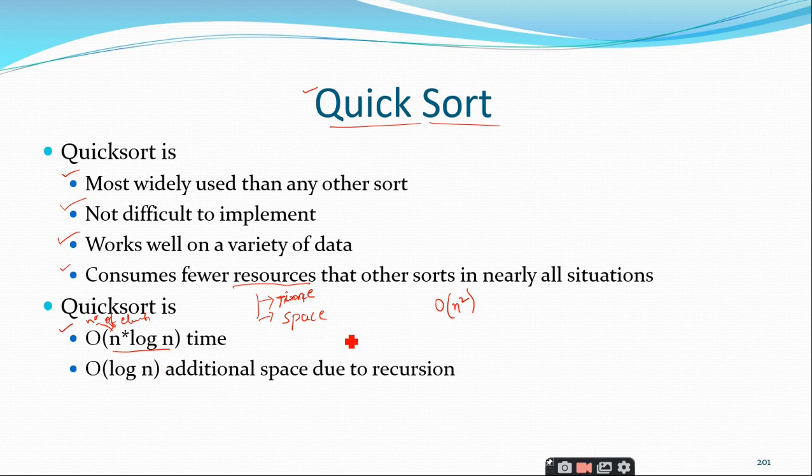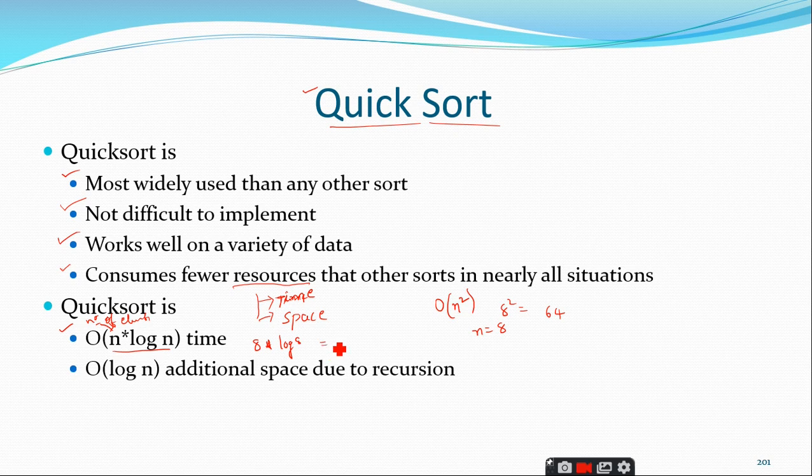For example, if you take the n value as 8, that means the number of elements is 8. In the remaining sorting algorithms, the complexity will be around 64, that is 8 squared. But in this case, you will come across big O of n log n, which means 8 multiplied with log 8.